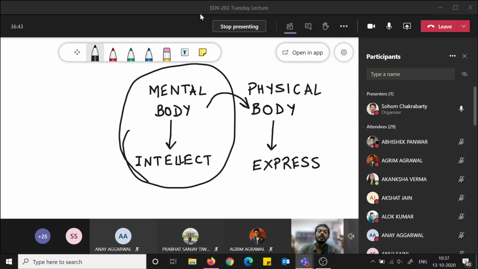Now I want to point you out to another body that we have actually, and this perhaps you have all heard about, but probably you have not been able to acknowledge it very properly. This is the soul body.